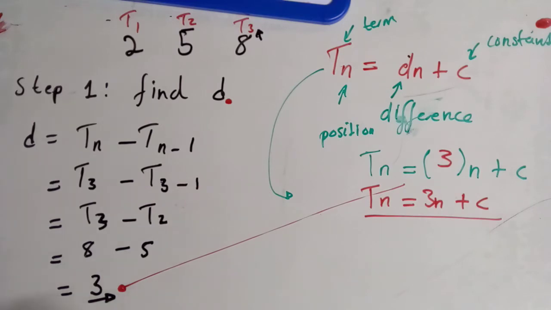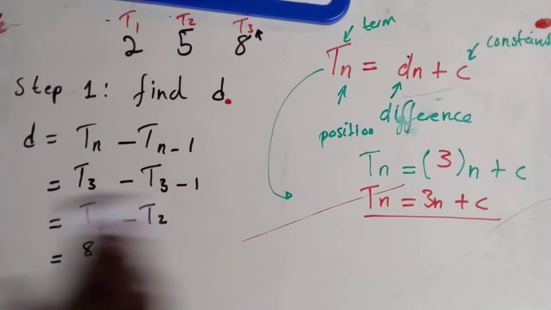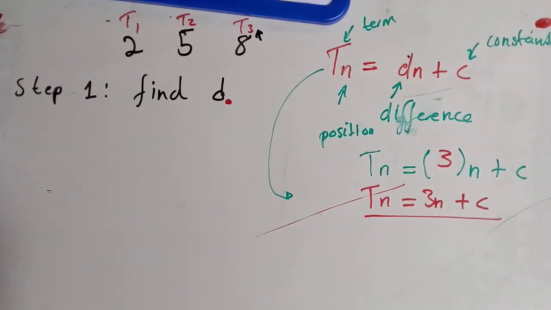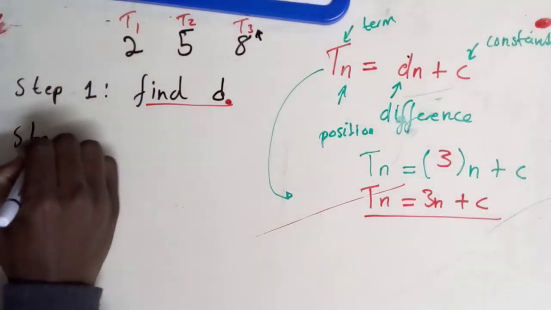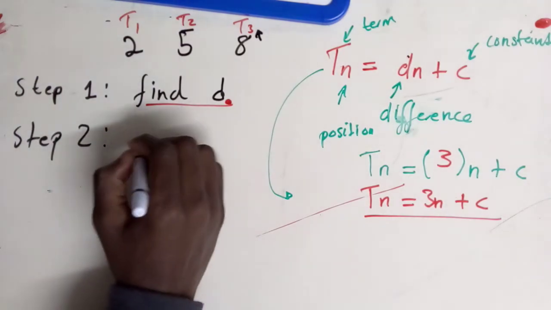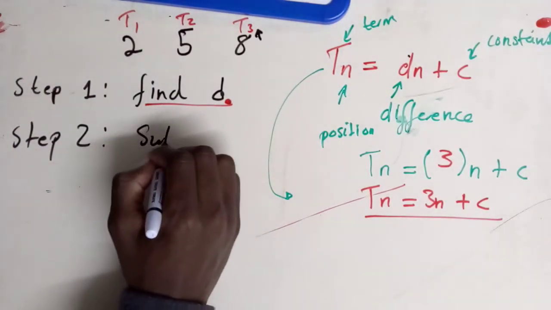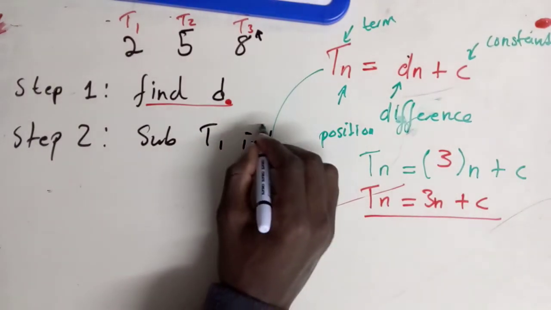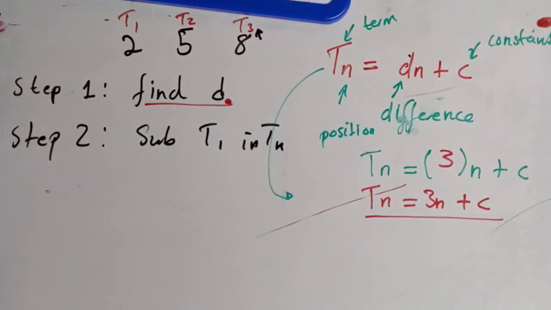Okay, now, step number 2. Remember, step number 1, find d, or find the difference. Step number 2, substitute T1 in Tn and solve for c.